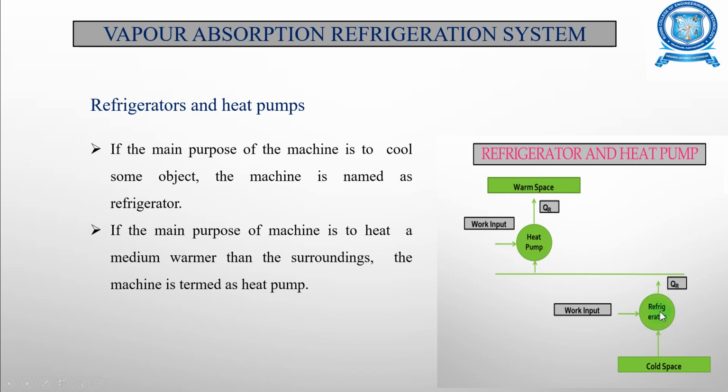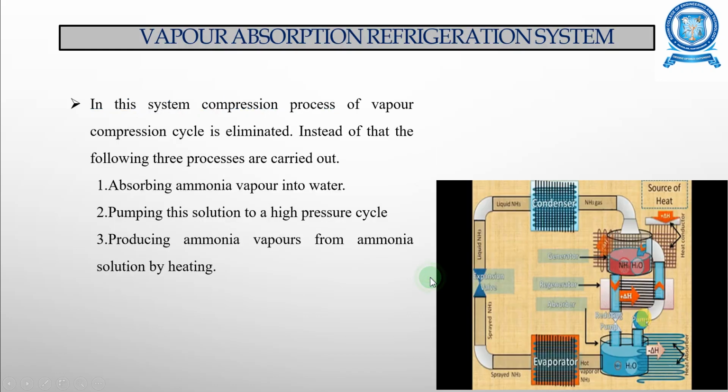The purpose of this refrigerator is to cool the space, that is the object. For the heat pump, the main purpose of this machine is to heat a medium to make the space warmer than the surroundings. So this machine is termed the heat pump.